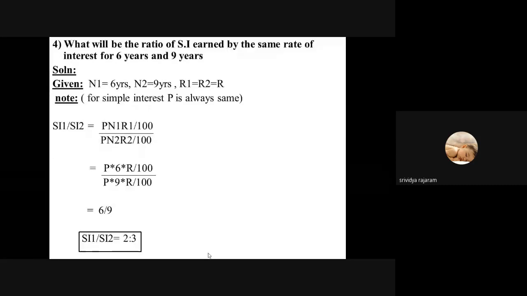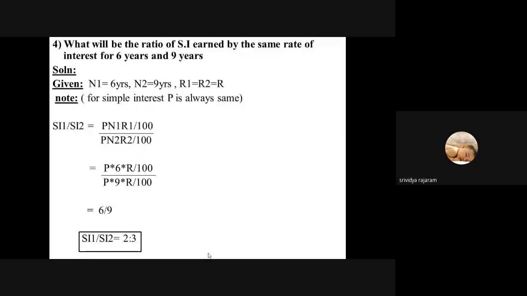So simple interest 1 divided by simple interest 2 is nothing but P N1 R1 by 100 divided by P N2 R2 by 100. The number of years for the first simple interest is given as 6. And as I said, the rate of interest for both the simple interests is the same, so I'm taking R1 and R2 as R. And for simple interest, the principal amount will always be the same, so I'm denoting it as the letter P itself.